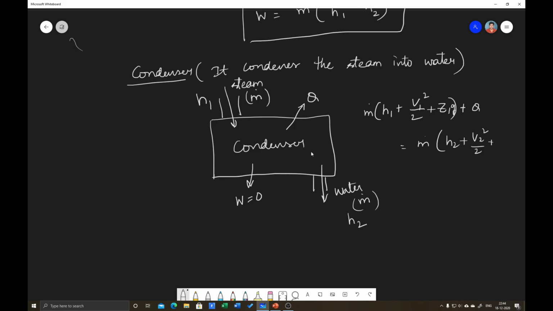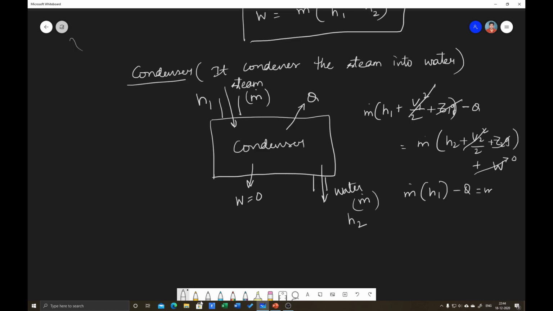m dot into H1 plus Q equals m dot into H2 plus V2 square by 2 plus Z2 g plus W. Here Q is negative because heat is rejected by the system, so this will be minus Q, and there is no work. There won't be any difference between potential energies and kinetic energies. Only there will be a difference in internal energy and pressure and volume.